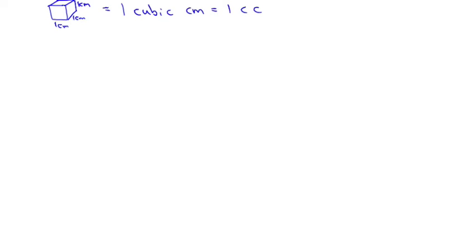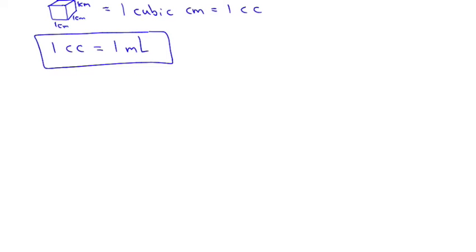The US system, or the English system as it's known, doesn't have very good conversions between linear and volume. So the relationship is this: 1 cc also equals 1 milliliter. 1 cc directly, identically, is the same thing as 1 milliliter. Not even rounded. It's identically equal to it.